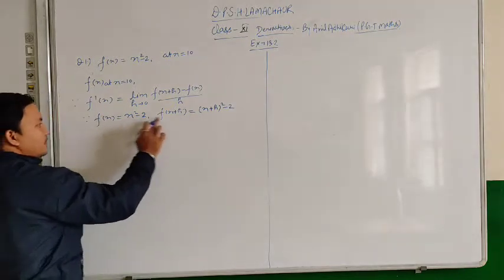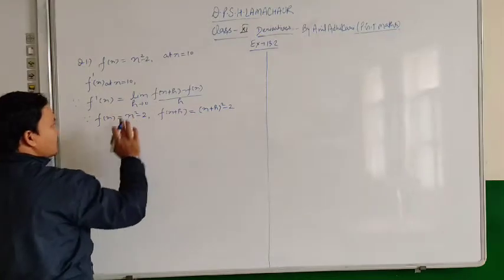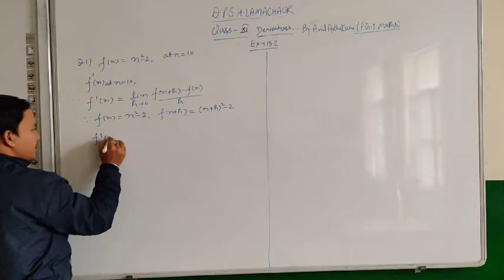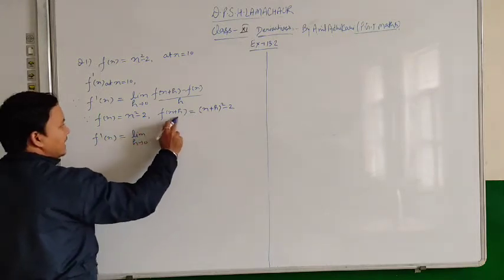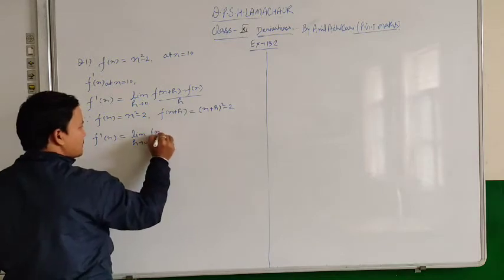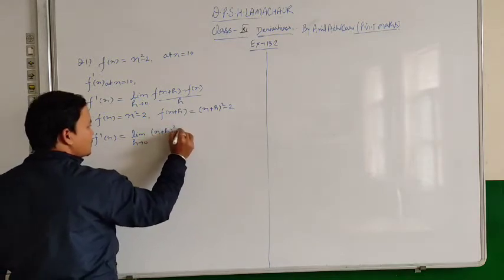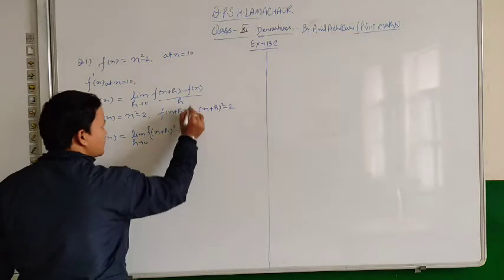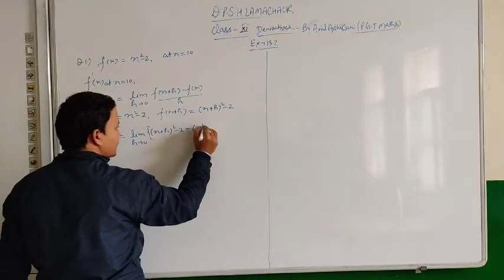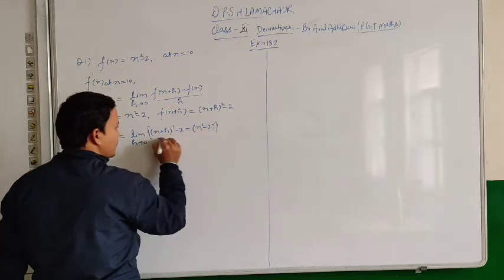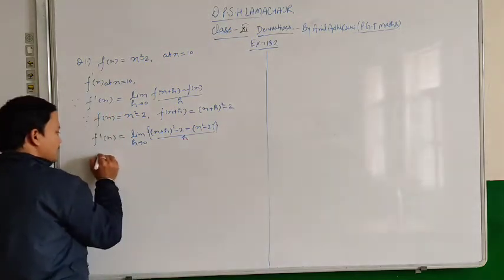Now put the value of f x and f of x plus h over the formula here. So we get f dash x is equal to limit h tends to 0. The value of f of x plus h is x plus h whole square minus 2. Okay, and minus, what is the value of function? x square minus 2, okay, divided by h.